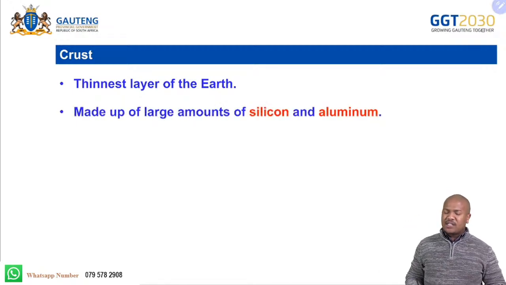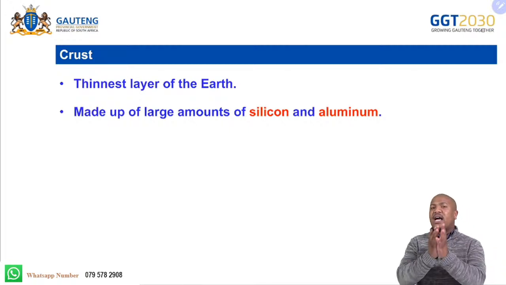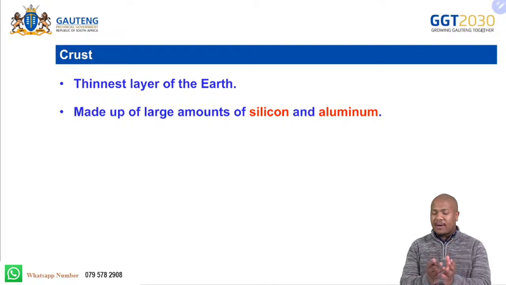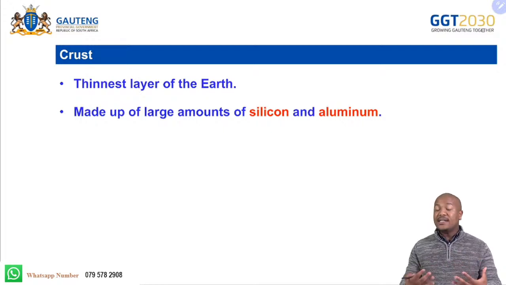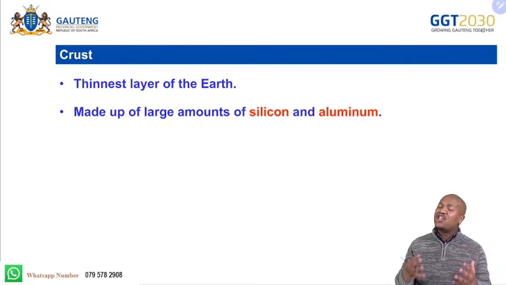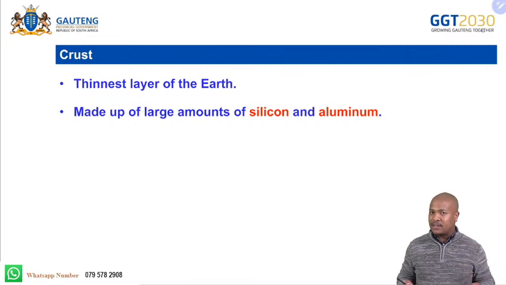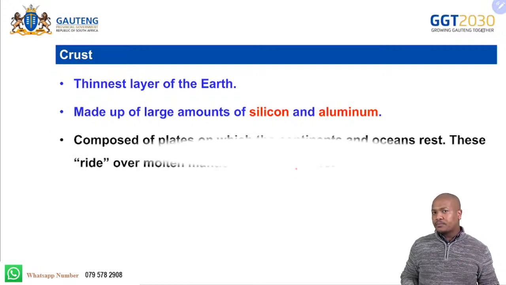And we said that it is made up of large amounts of silicon and aluminium. If you still remember these elements from when we were talking about elements in Term 2, we mentioned such elements as silicon and aluminium. So the crust is made up of large amounts of these elements, namely silicon and aluminium.